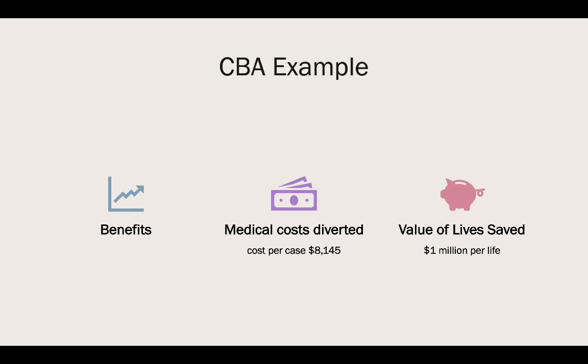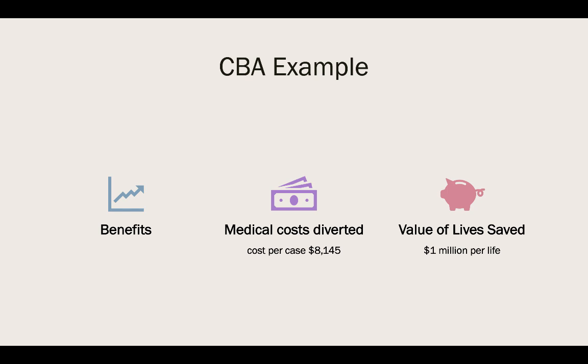Cost per case that is diverted is about $8,000. So if a student would have, let's say, had a high probability of contracting meningitis, we divert that disease, that infection, through vaccination. We're saving $8,000. And then some number of students will actually die from meningitis.